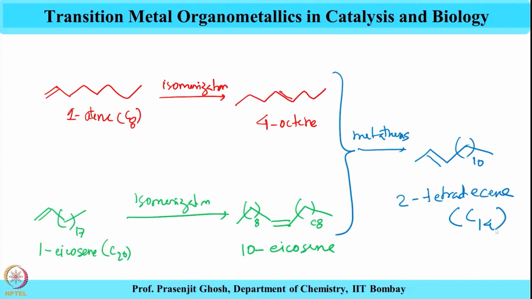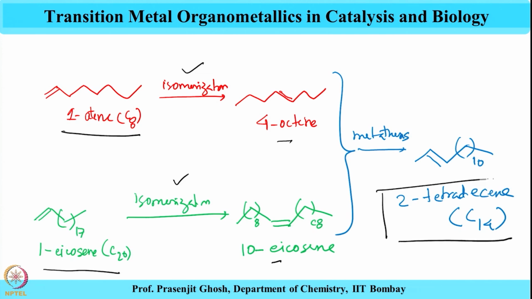So, what is interesting to note is that on an industrial scale, by taking the less than C12 and greater than C18 fragments, for example, 1-octene with C8 and 1-eicosene with C20, then undergoing isomerization giving this C8 and C20, which would undergo metathesis to give the C14 fragments, and this is in the middle for use for making the detergent reagent.